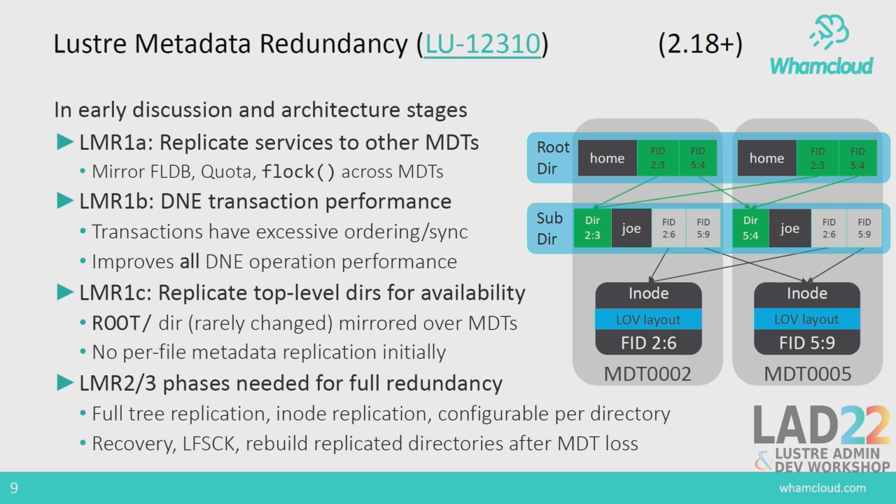And because the root directory doesn't get modified very often, having a mirror copy of it wouldn't impact the performance too badly. But we would definitely need to do distributed transactions for every update to that directory.